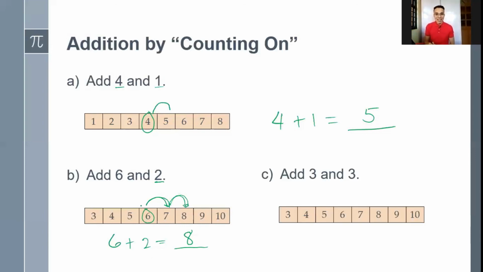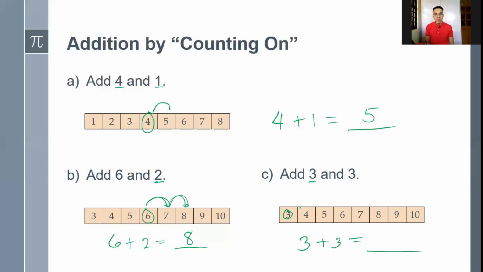And our last example, this is the last example in this video. Add 3 and 3. First, we're going to look for the number 3 in the number tape. Here it is.